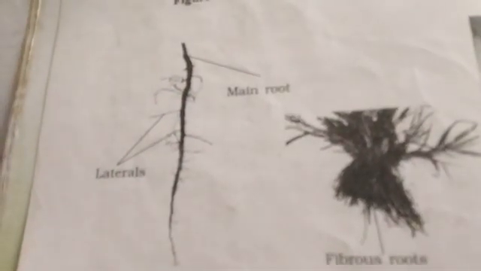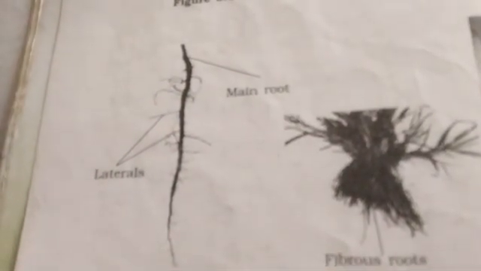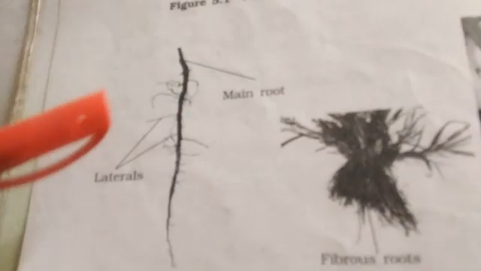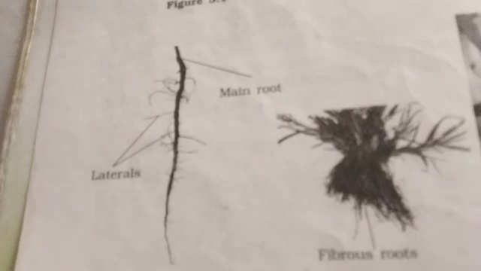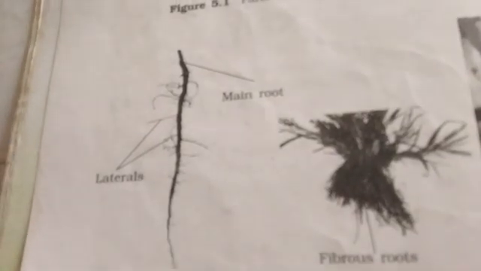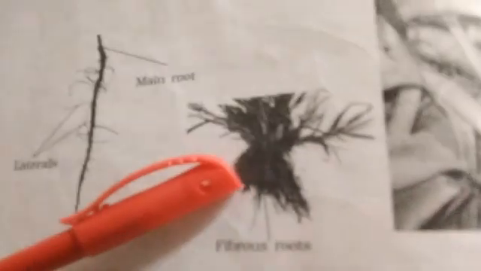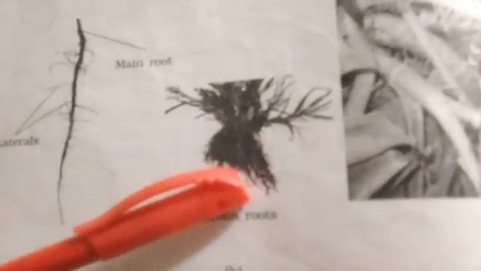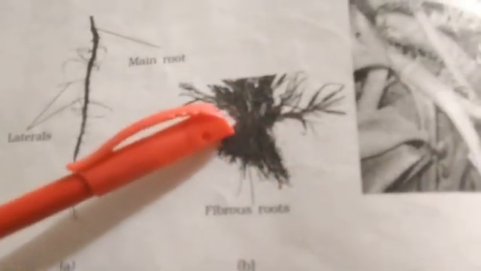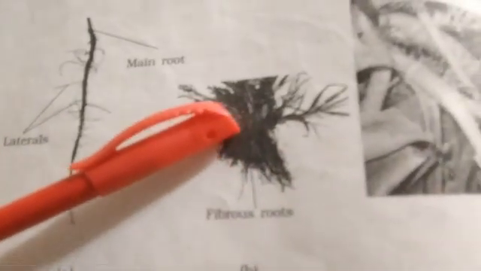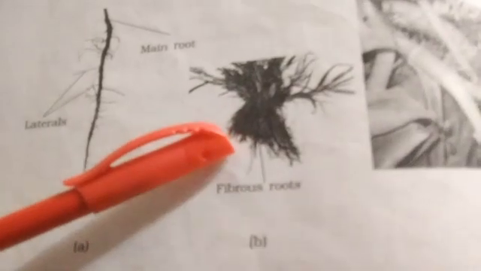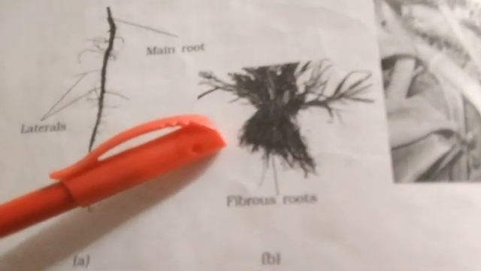Now sometimes in certain plants, the main root dries up after a certain period of time, and all the branches start forming the root. Then we call it a fibrous root.